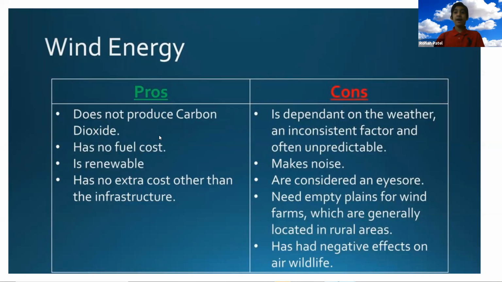But why else is it bad? It makes a lot of noise and is considered an eyesore. It needs empty plains for wind farms, which are generally located in rural areas, which means the electricity has to travel through lots of wires to enter the city.